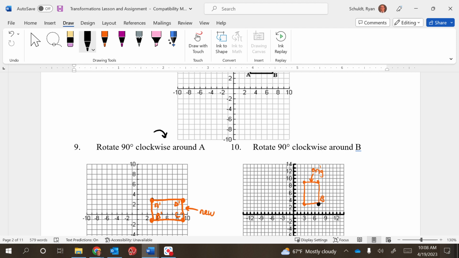That side is 6 long, so 1, 2, 3, 4, 5, 6. And then I can go and put my other points without thinking too much, because it's a rectangle.